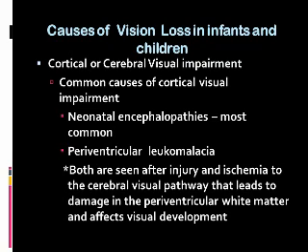Cortical or cerebral visual impairment is one of the most common causes of vision loss, most commonly among children who had severe injury and ischemia to the cerebral visual pathways, which can lead to damage in the periventricular white matter affecting visual development. These are usually seen in patients with neonatal encephalopathies and periventricular leukomalacia.